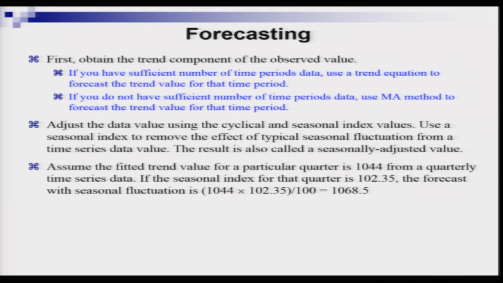But if you do not have a sufficient number of time periods, then you can use the moving average method. Once the trend value is obtained, you have to adjust the data value using the cyclical or seasonal index values. Now, for simplicity's sake, we can assume that there is no cyclical component.